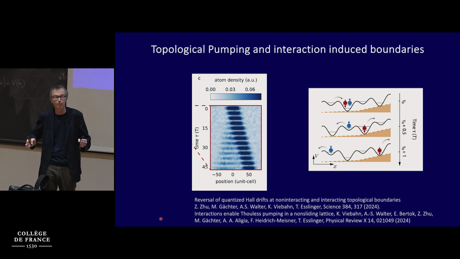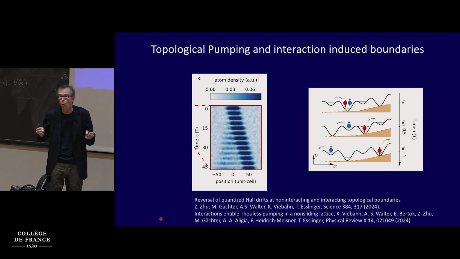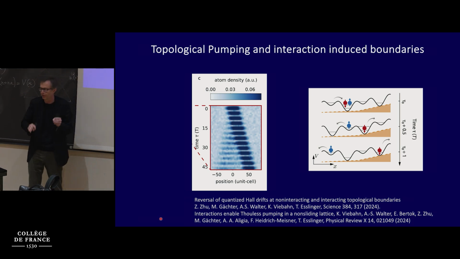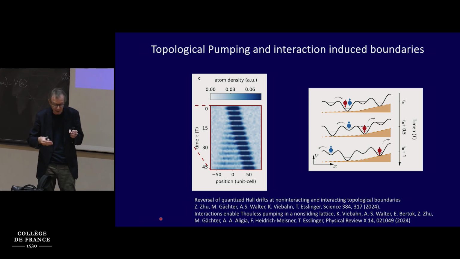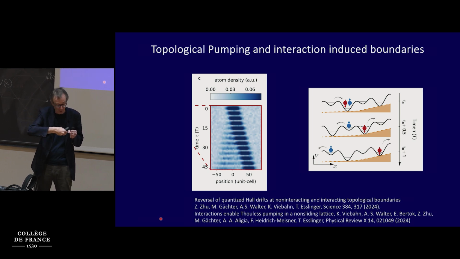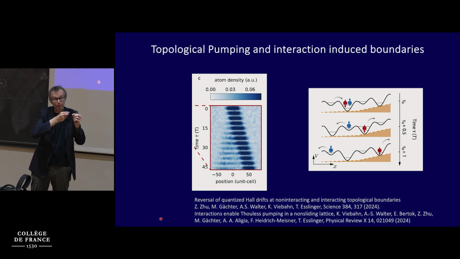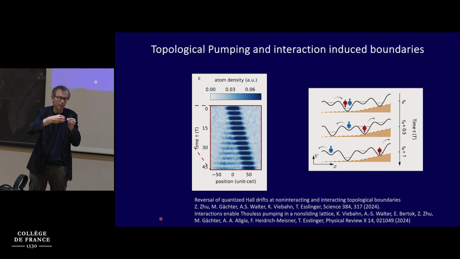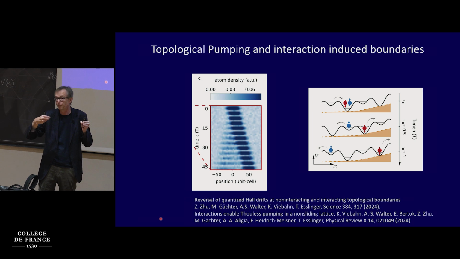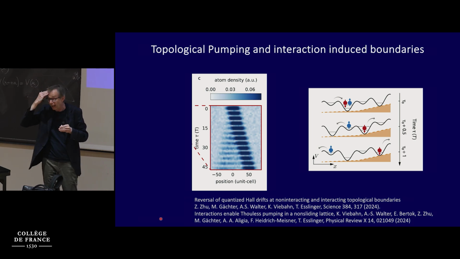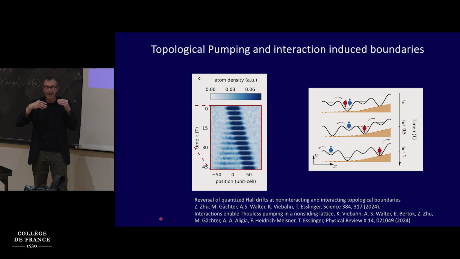People either used hard walls, or sometimes you could read that the atoms stop. But actually, you have a region where the topological pump works, and then the side offset and the gradient due to the trap compensate each other, and you have a transition from a topological region to a non-topological region, and the atoms will turn around. That's for non-interacting.